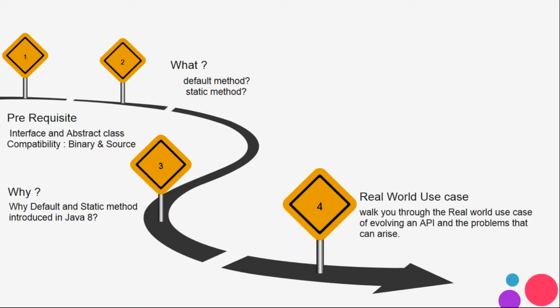Further, definitely we'll look into the real world use case. I'll walk you through the real world use case of evolving an API and the problems that may arise whenever we evolve any existing API.